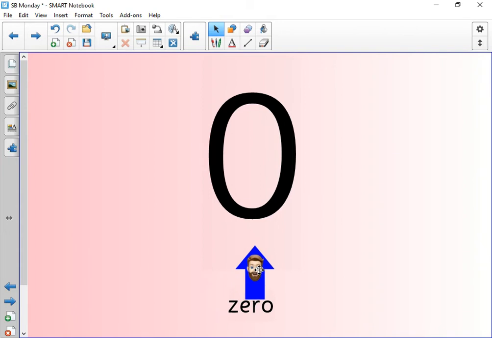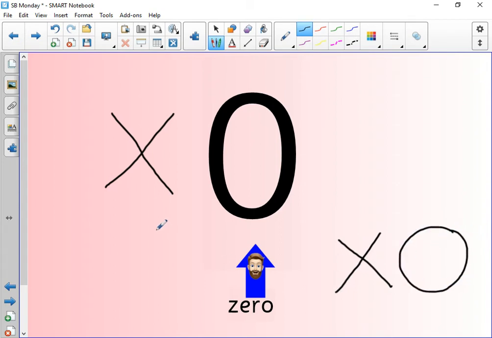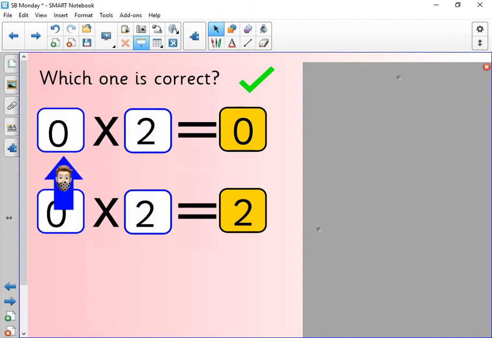Okay, what happens when we multiply by 0? When we multiply by 0, or we have the multiplication symbol first and then 0. Do you know? Let's think about that some more. So I've got some calculations here. 0 times 2 equals 0. 0 times 2 equals 2.